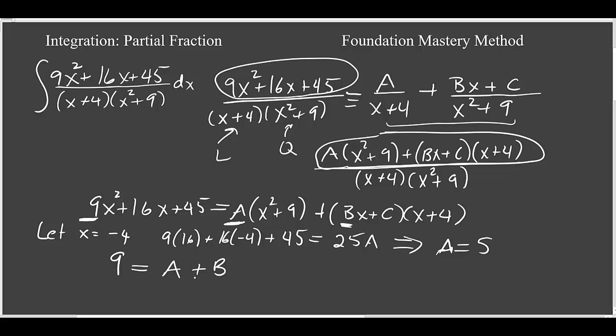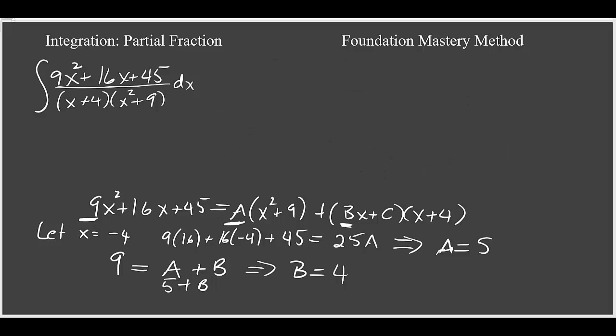Since we know that a equals 5, this means then that b equals 4. So now we found both a and b, and all we have to do is find c. To find c, let's equate the constants on both sides of the equation. So on the left-hand side, the constant is 45.